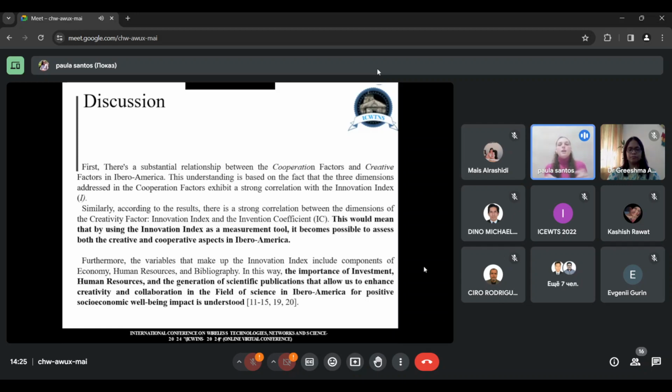And we can also understand that there is a strong relationship between the invention coefficient and the innovation index. Well, then we can also understand the importance of investment in human resources and in RD&I to generate more scientific publications and to enhance creativity and cooperation in science in the 31 countries of Ibero-America, for a positive impact on socioeconomic well-being in these countries.